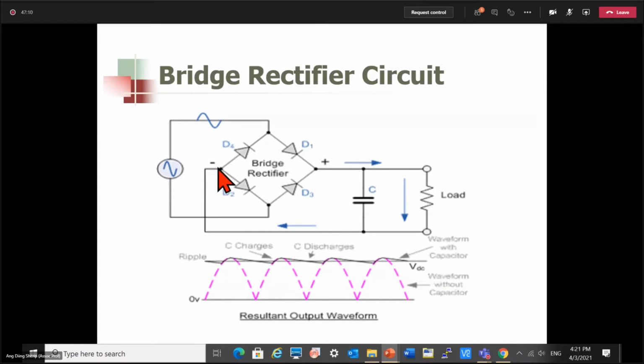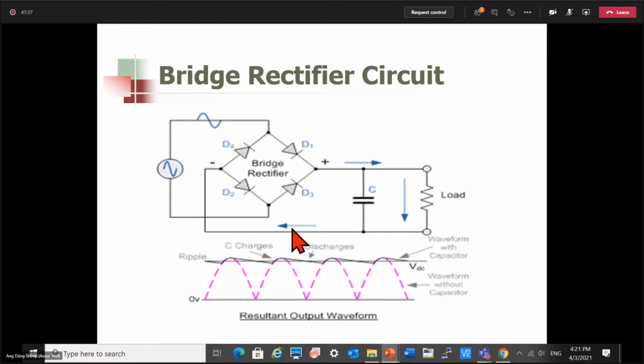The voltage at this terminal is more positive than the voltage at this terminal, so that causes D2 to turn on. So that is during the positive cycle. The positive cycle of the AC voltage will now appear across the circuit here, shown by the dashed line.